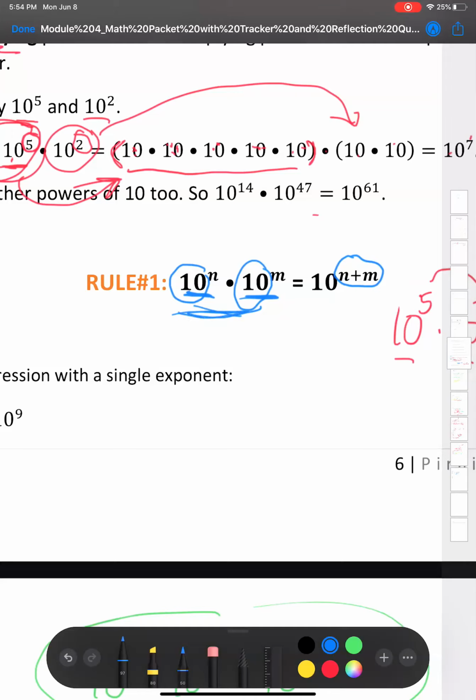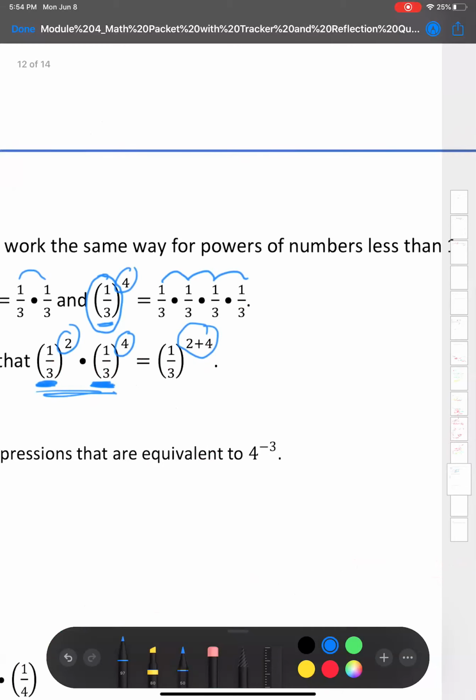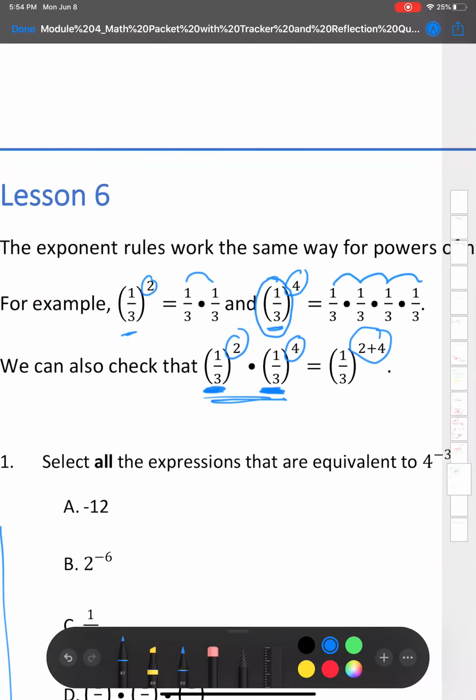So in other words, this could have been a 9, right? 9 to the n times 9 to the m would have equaled 9 to the n plus m. Okay, so in our problem here, our base is 1/3, right? So when we're multiplying two numbers with the same base, we're going to add those exponents.